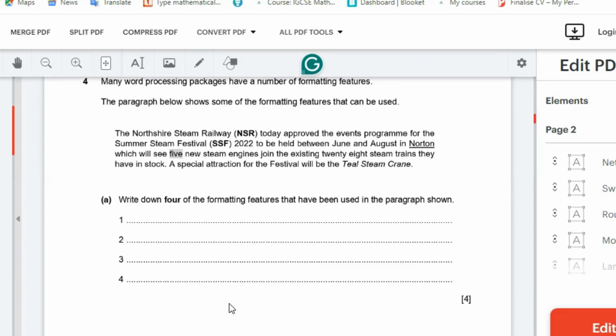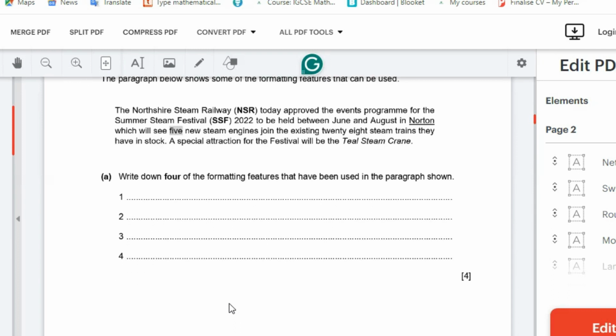The North Shore Steam Railway (NSR) today approved the event program for the Summer Steam Festival (SSF) 2022 to be held between June and August in Norton, which will see 5 new steam engines join the existing 28 steam trains they have in stock. A special attraction for the festival will be the Teal Steam Crane.